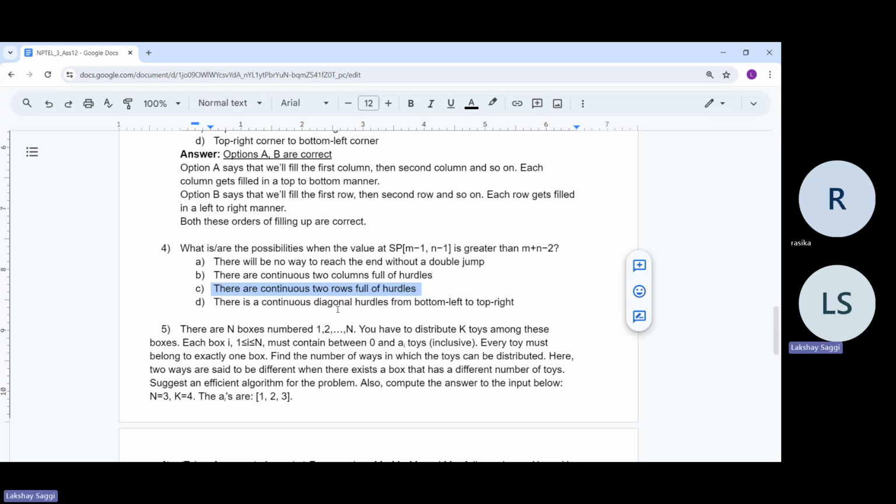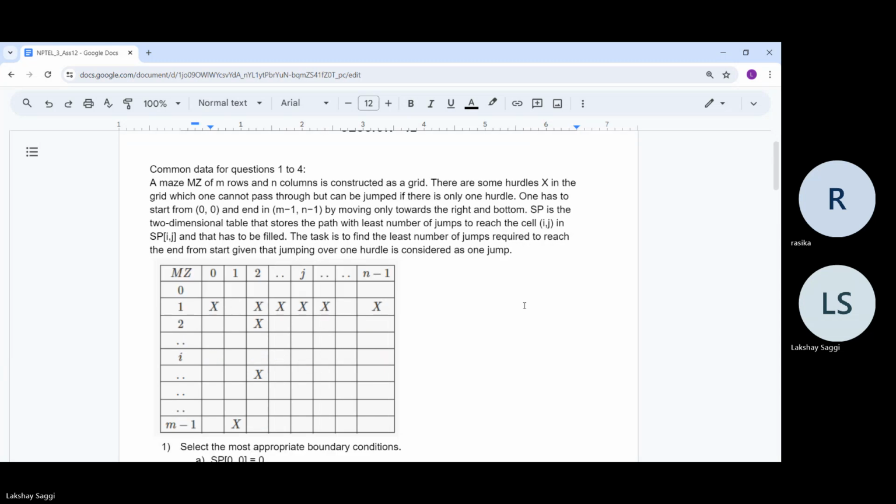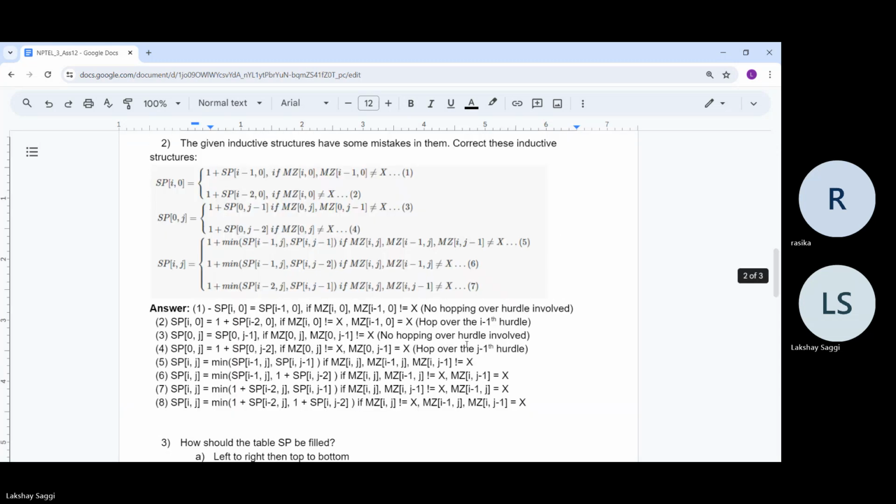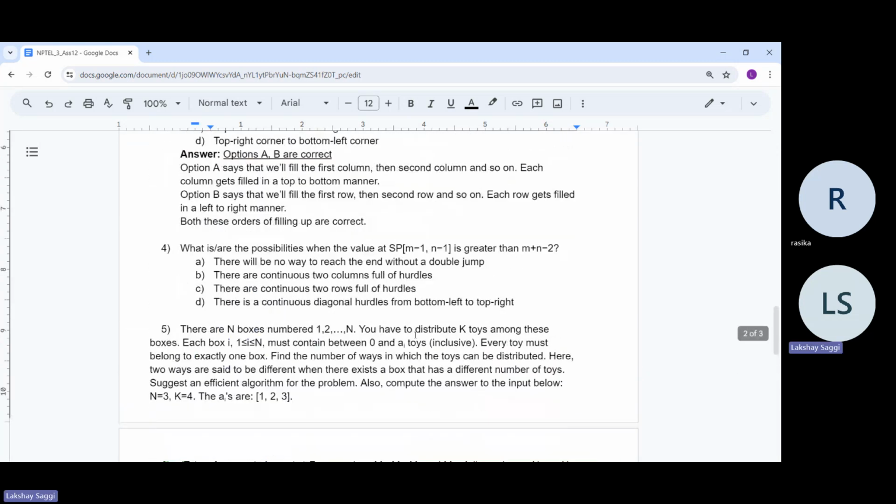And there are continuous diagonal hurdles from bottom left to top right. Okay, so this is a bit interesting. What this option says is that there is a continuous diagonal hurdle from bottom left to top right.